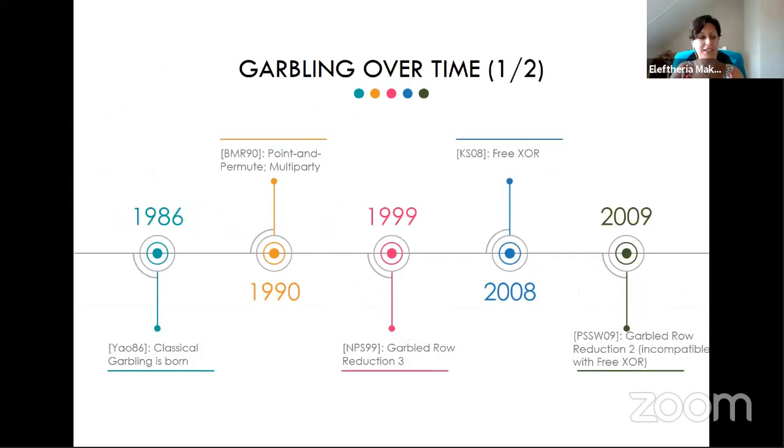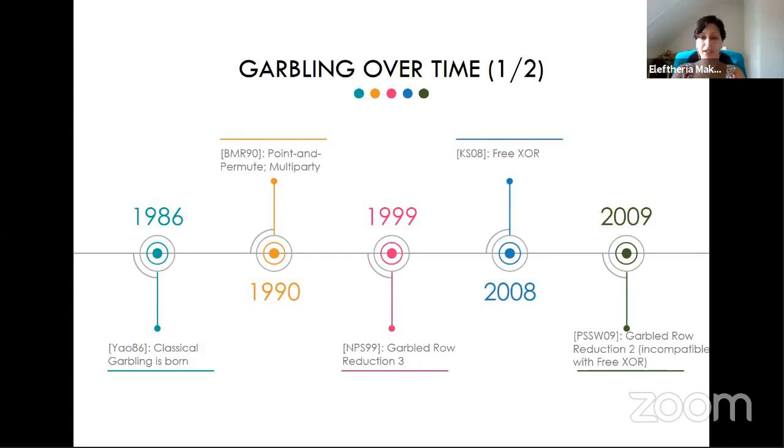Now, let me first guide you through the history of garbling. So garbling was invented by Yao in 1986. And then we had already the first optimization by Beaver et al. in 1990, the point and permute, and they also showed how we can do multi-party garbling for the first time.